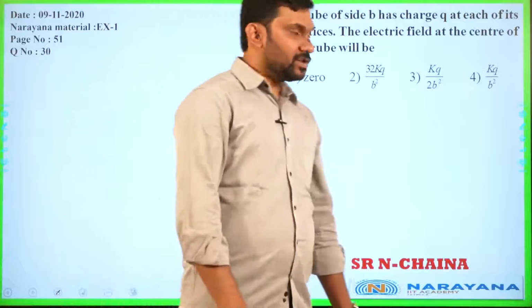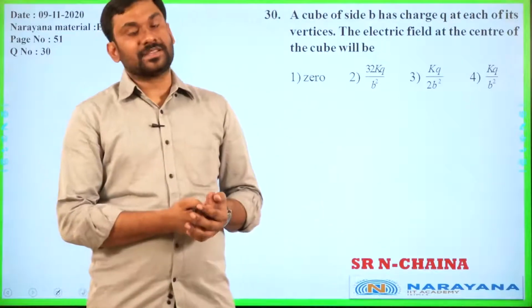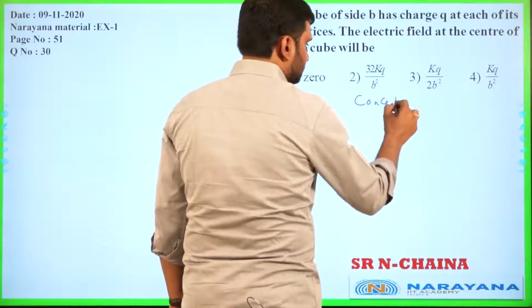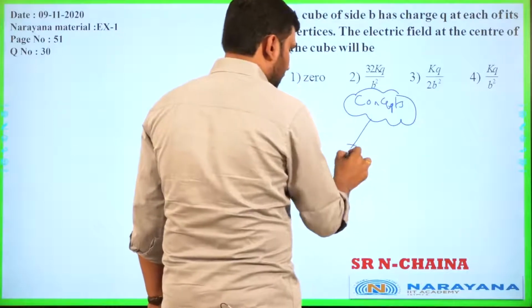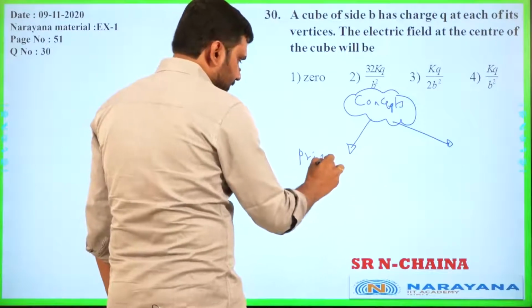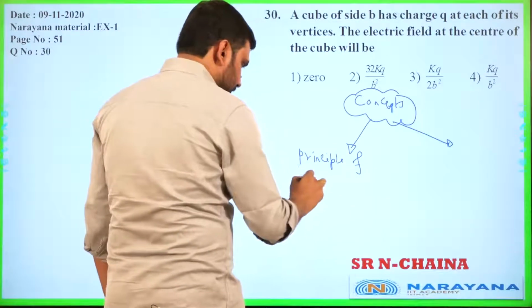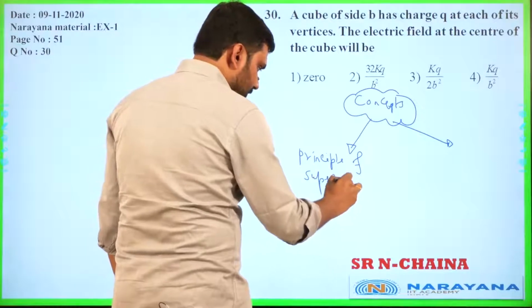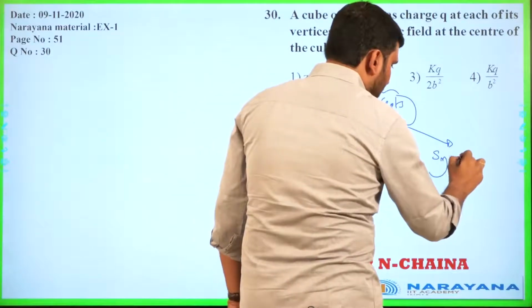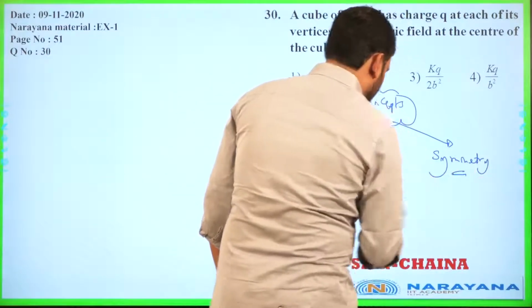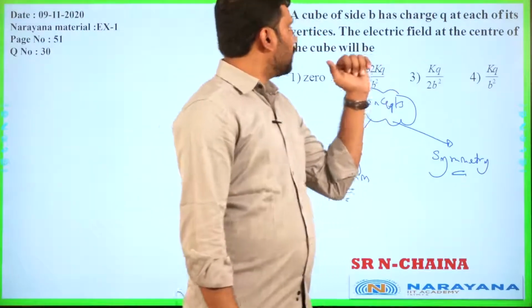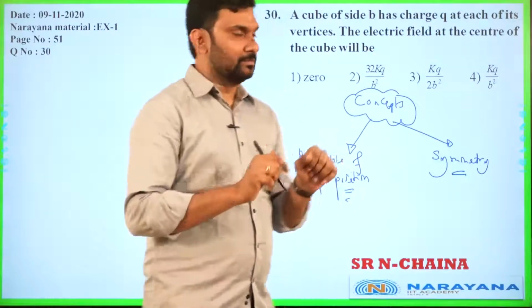Next one. So the next one is also a question of superposition and symmetry. So there are two concepts involved. First concept is the principle of superposition. And the second is of symmetry. So they are asking that they have put a charge on each of the vertices of a cube, a regular cube.